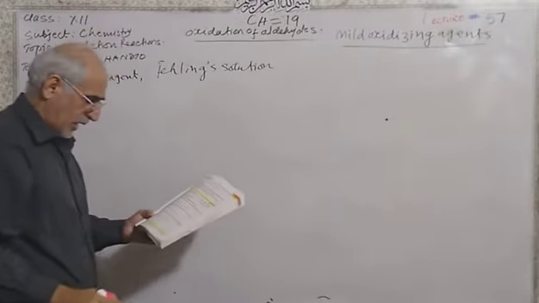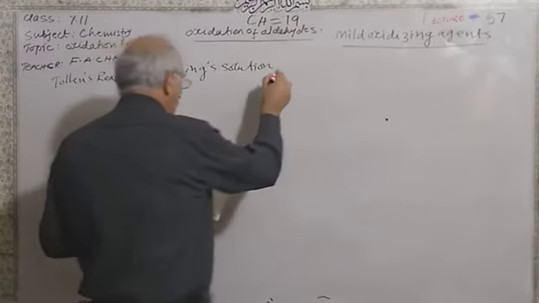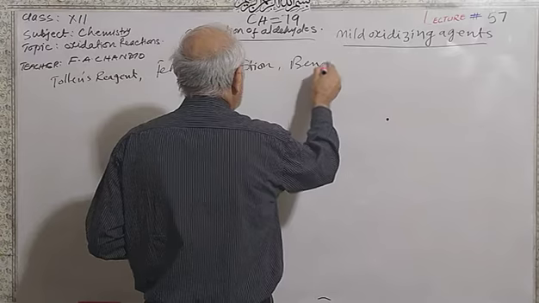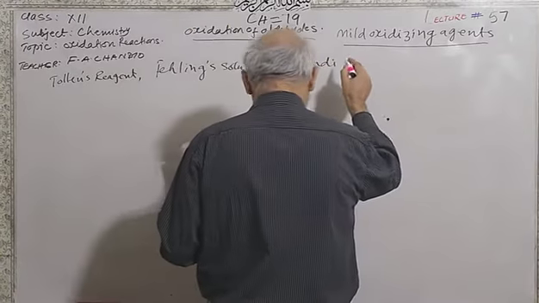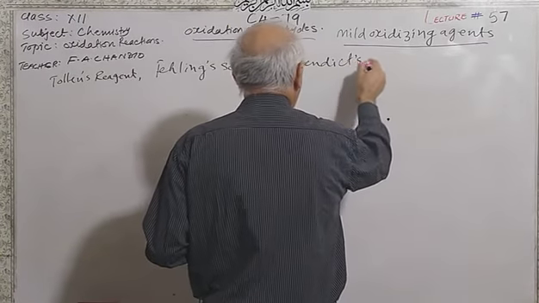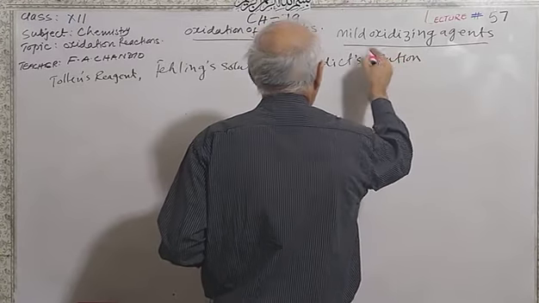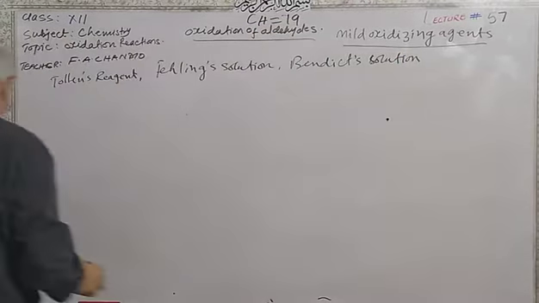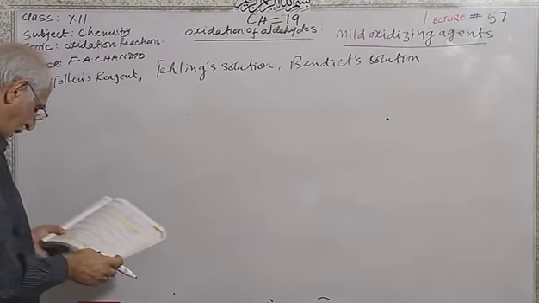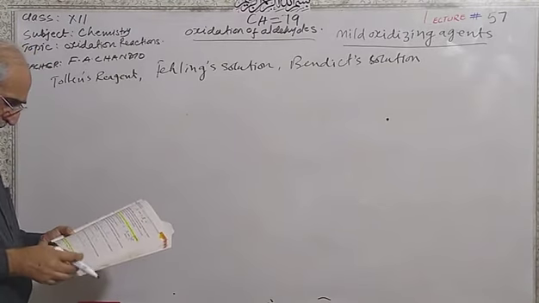These are the mild oxidizing agents. Benedict's solution easily oxidizes aldehydes to carboxylic acids.